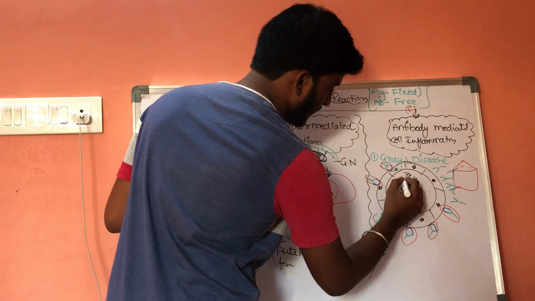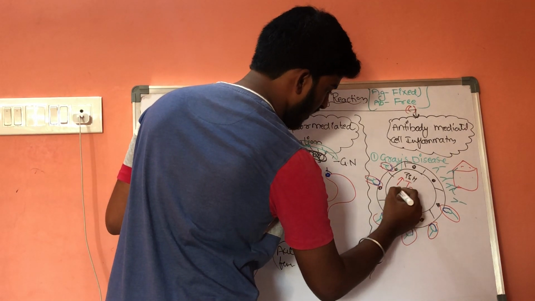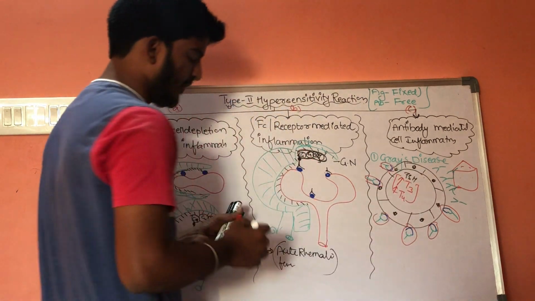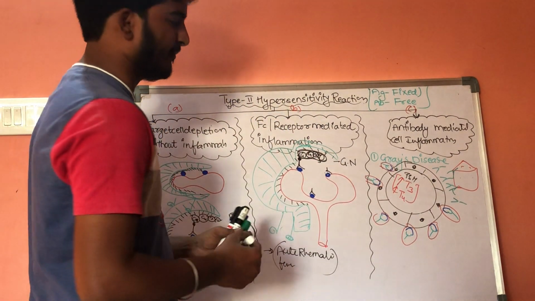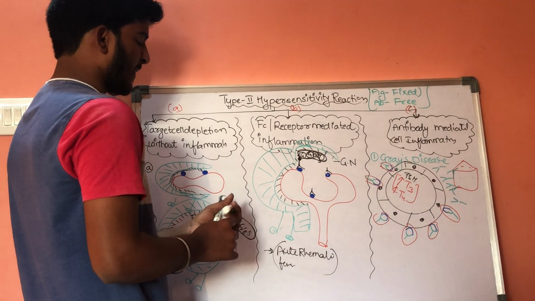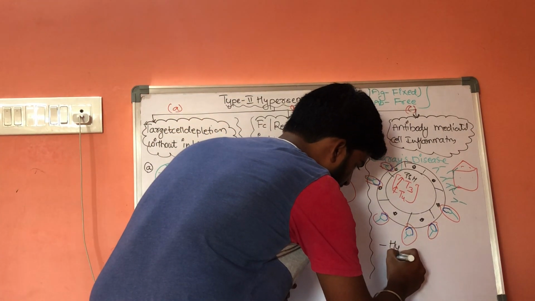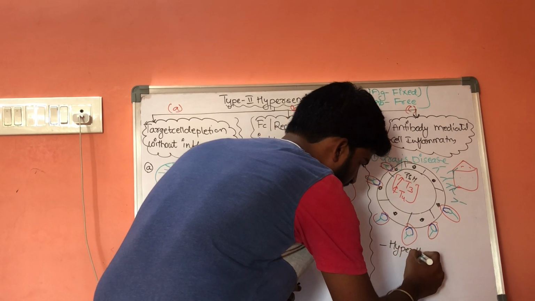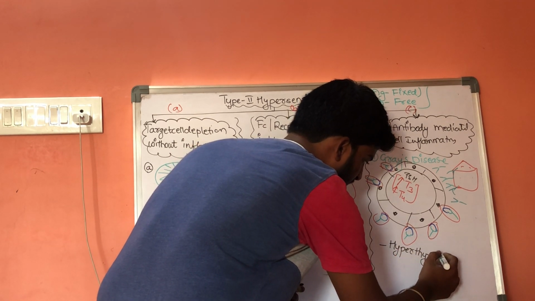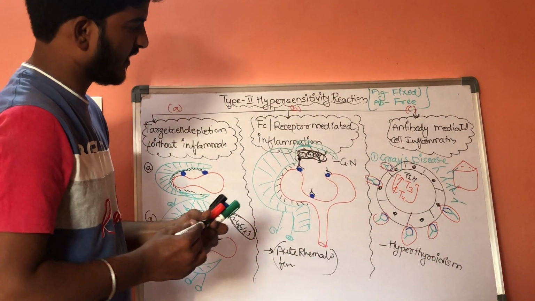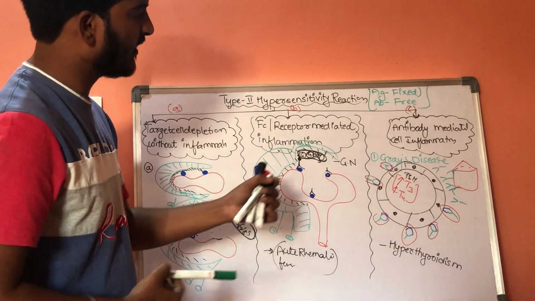So, there will be increased production of T3 and increased production of T4. So, it results in hyperthyroidism. This is the first type of disease which can be studied under antibody mediated cell immunity.